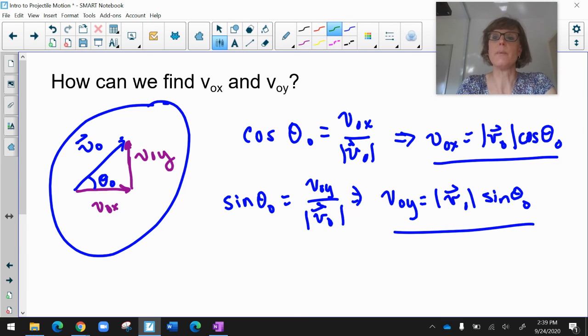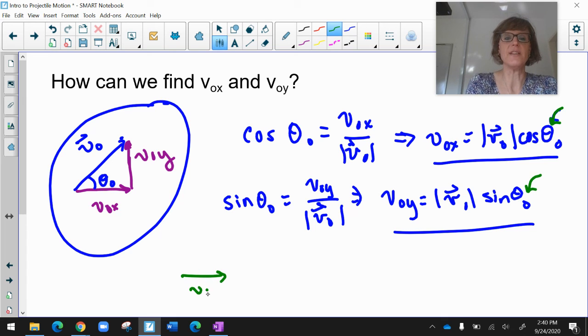Now, one more point that I want to make is to note that we are using here theta 0. If the y component of the velocity is changing, then the direction of the velocity at any given point is changing as well, which means that that angle is changing. So at some time later, remember, my V0x is going to be the same.